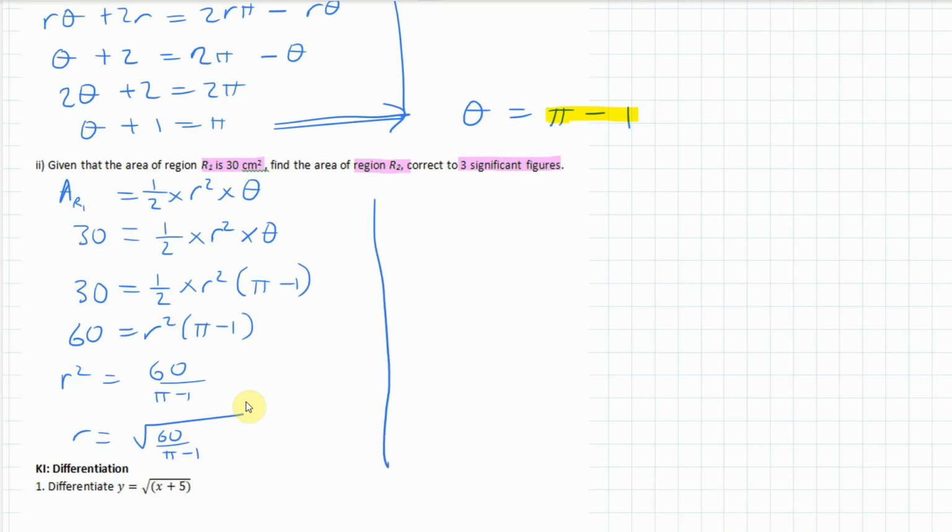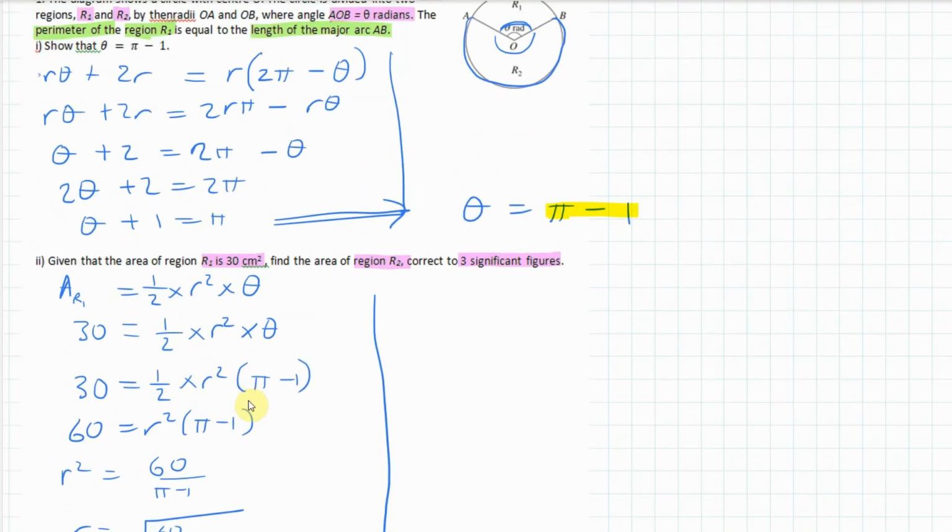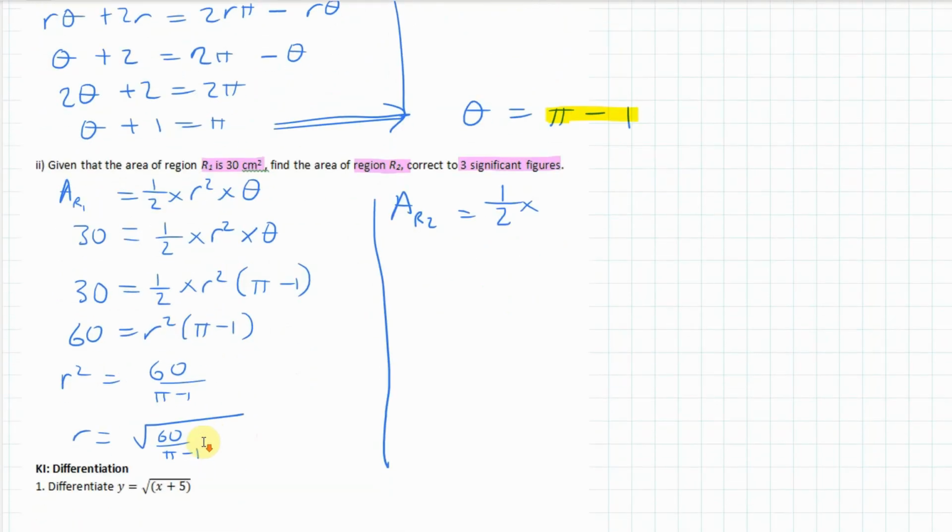Now the area of the big part of the circle, so area of R2, is going to be half times R squared. Now we've just found what R is in the previous part of the question, and we've figured out what r squared is, so all we need to do is half r squared, so 60 over pi minus 1, half times that, and then times theta.